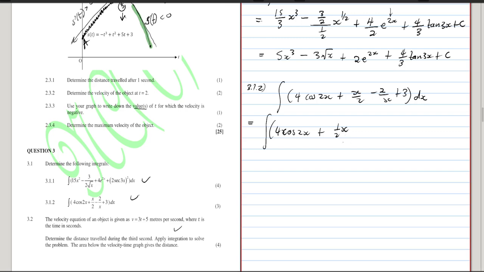Just make sure the x is on the side, and then you're going to have a minus 2 times 1 over x. Let me rewrite this like this. Now this is a special case. We cannot say that because x is a denominator, let's put it on the side. This only applies for integration. When you have x raised to exponent 1 as a denominator, plus 3, just write it like this.